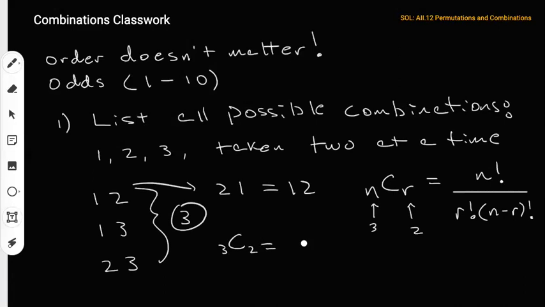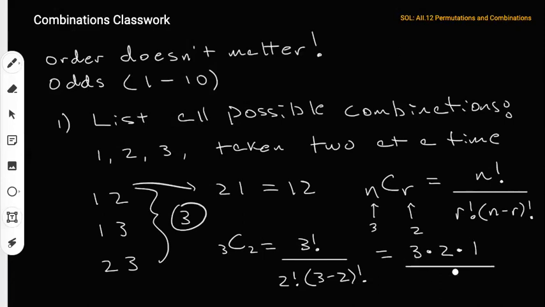So we're going to get 3 choose 2 is equal to 3 factorial on top of the fraction. And then on the bottom of the fraction, I'm going to have 2 factorial times 3 minus 2 factorial. So when I work this out, I know that 3 factorial is going to be 3 times 2 times 1. And then in the denominator, I'm going to have 2 factorial, which is 2 times 1. But then I also have 3 minus 2, which is actually equal to 1.